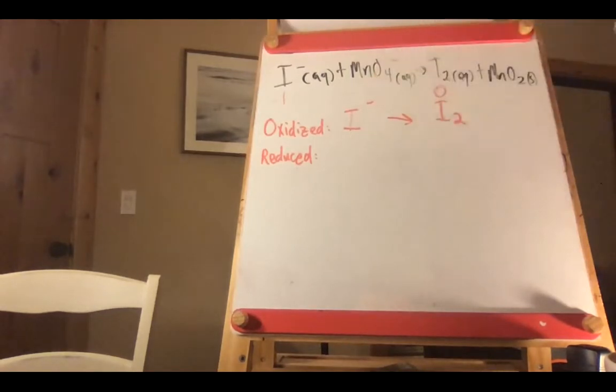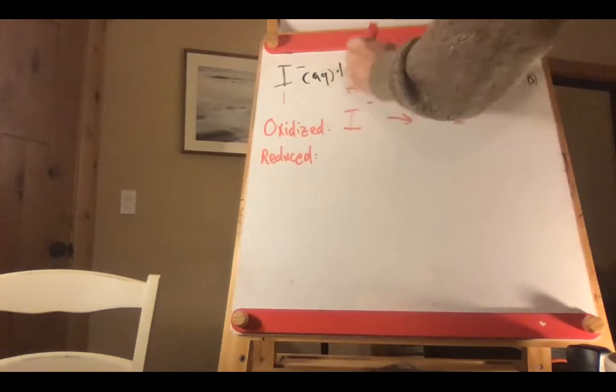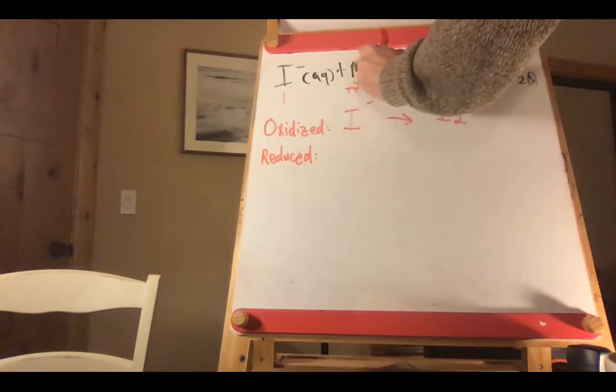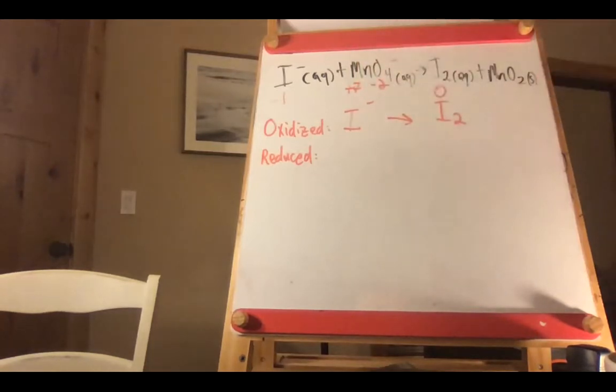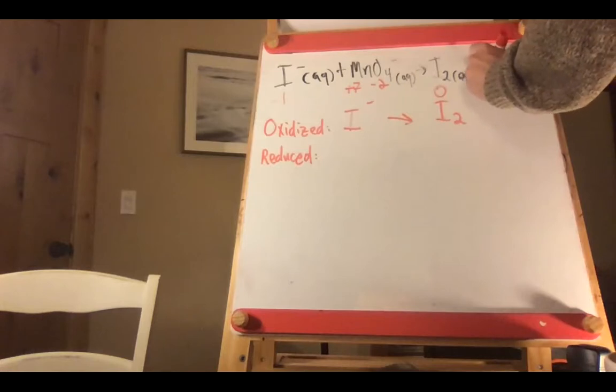Now MnO4 now becomes MnO2. And we know that with MnO4, we've done this several times, the manganese is going to be a +7, and the oxygen is going to be a -2. And in this case, oxygen is -2, and manganese is +4.